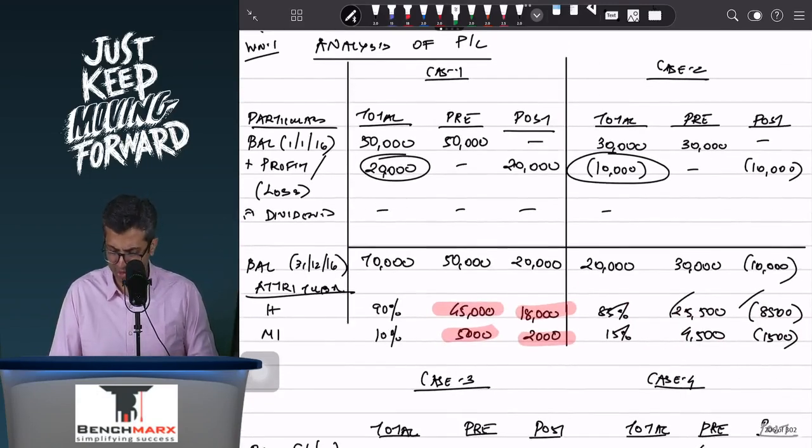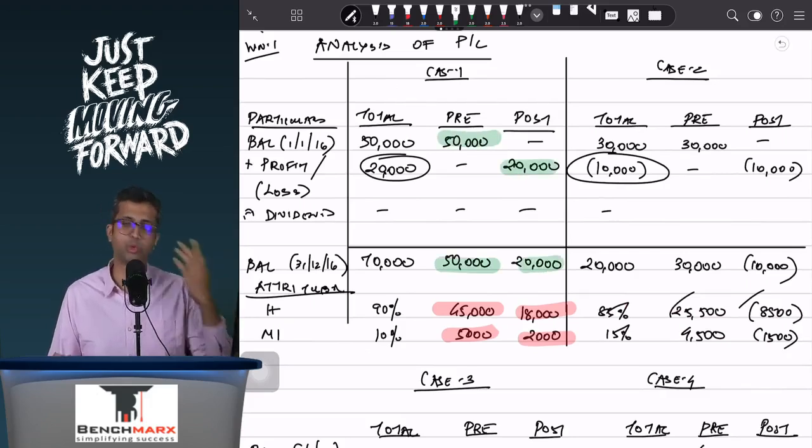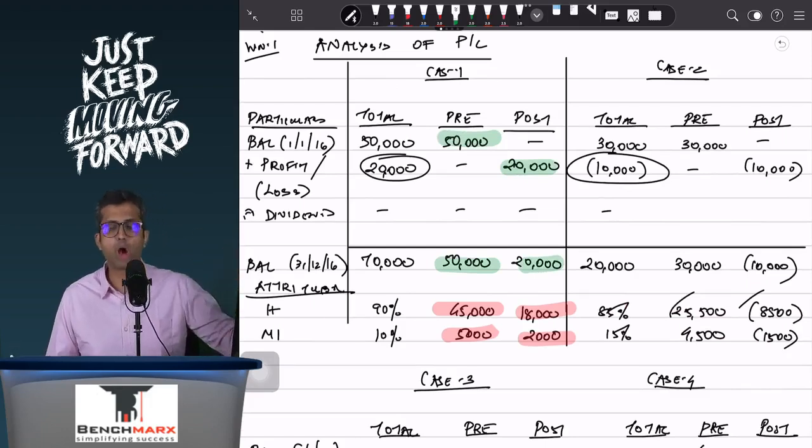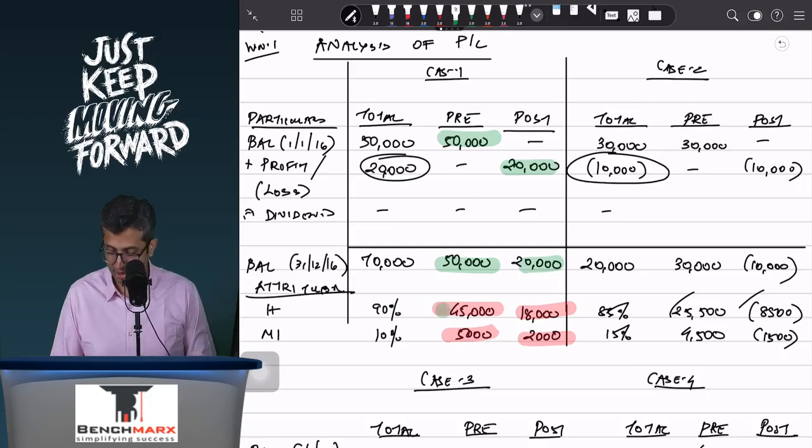So if I go to see the split, out of this 70,000, 50 is pre, 20 is post, and hence this is 50 and 20. Now this 50 and 20 is to be analyzed, out of which 90% is attributable to the parent, 10% to the minorities. So this is 45 and 5, 18,000 and 2,000. Now out of the 45,000, where will this go? This is parent share in the pre-acquisition profits.